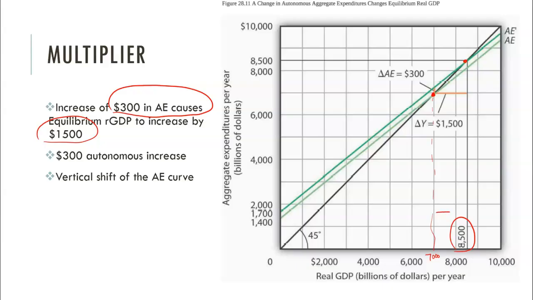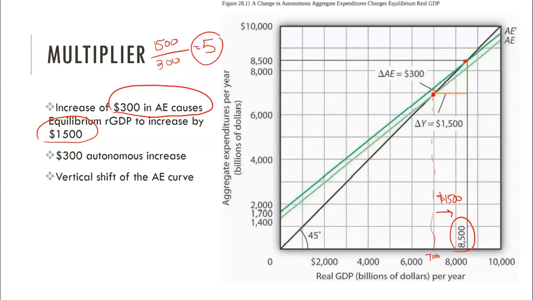So our equilibrium is going to increase by $1,500: $1,500 more in income, $1,500 more in real GDP. That is because of this multiplier effect. If we were doing this from a few chapters ago, we would say 1,500 divided by 300, the total change divided by the initial change, and this gives us a multiplier of 5.